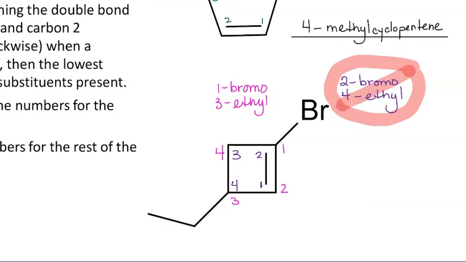For those students that are like, okay, why magenta and not purple? Remember the trick that I showed you guys. You add these two numbers, this equals a 4. We add these two numbers, this equals a 6. This has the lowest value. That means the lowest number for my substituent, so that will be the correct numbering.